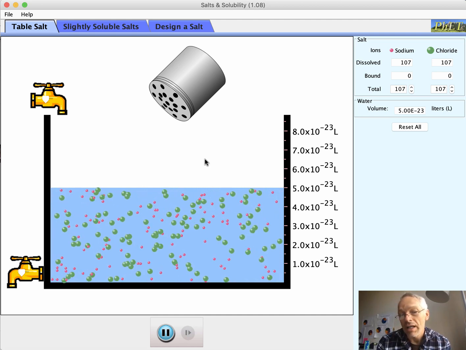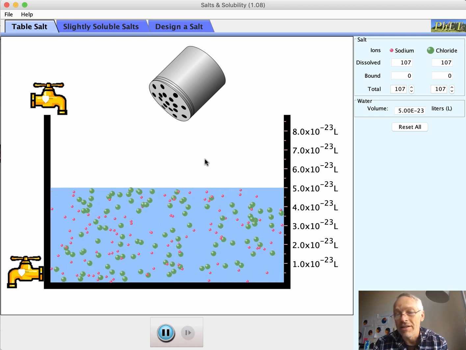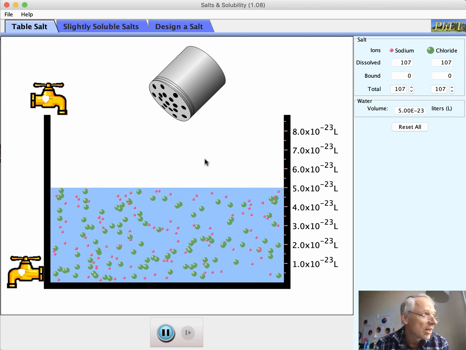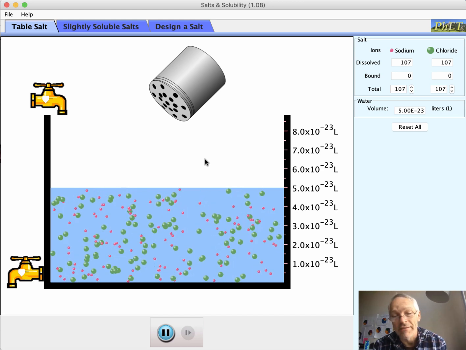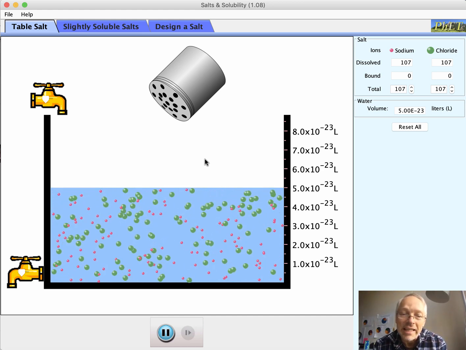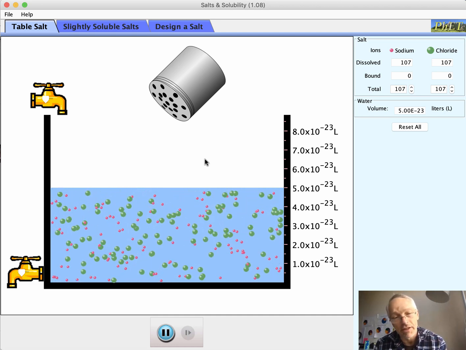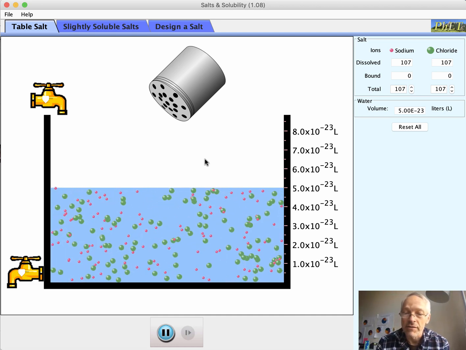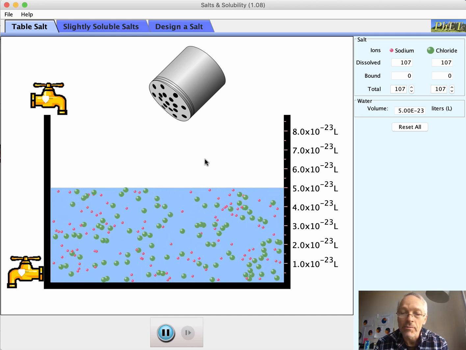And so ionic compounds like sodium chloride dissolve because those partial positive and partial negative parts of the water molecules will get into the crystals of the ionic compound and separate those individual ions from one another.